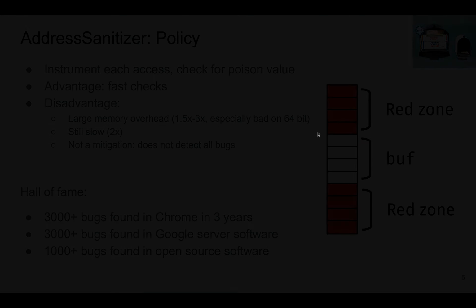So AddressSanitizer checks whenever you dereference a pointer that you're not targeting one of the red zones. An alternative, like we talked about, is SoftBound, as part of the memory safety class. SoftBound checks the pointer.